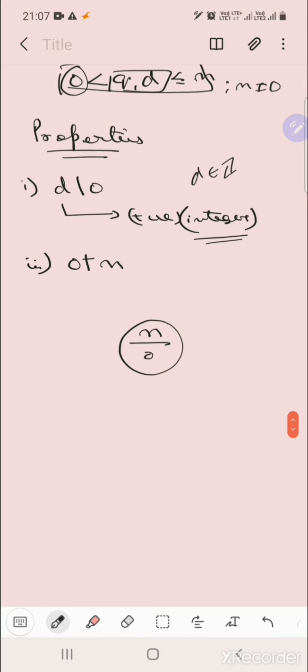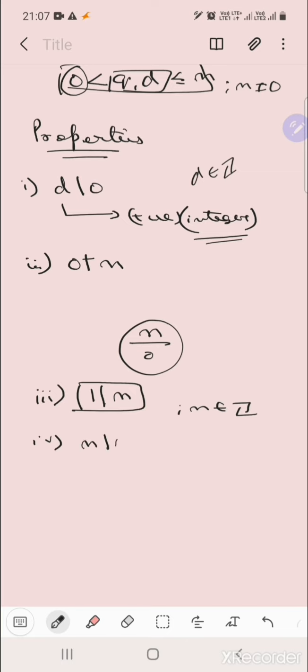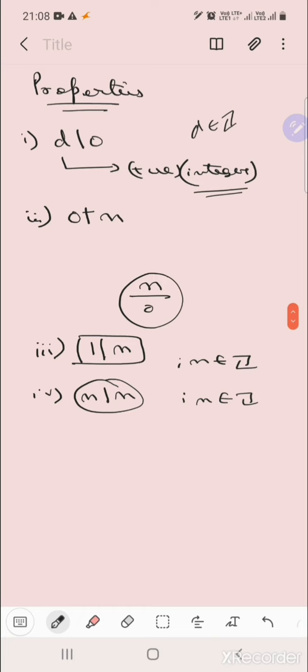Clear? Third point is that 1 can divide any integer. Fourth is that any integer can divide itself. Now if you want to see a proof of this statement, you need to prove each and every mathematical statement.